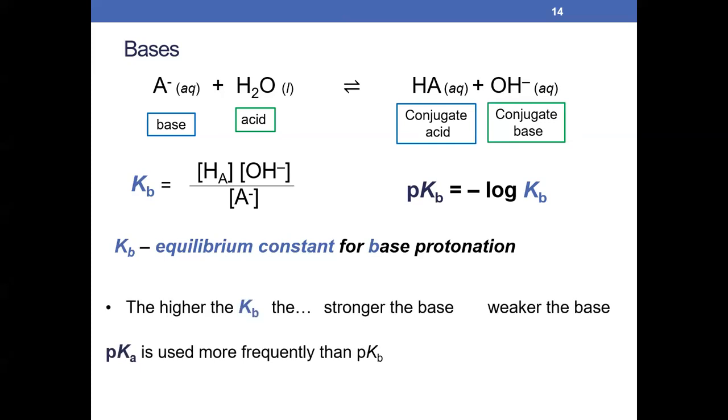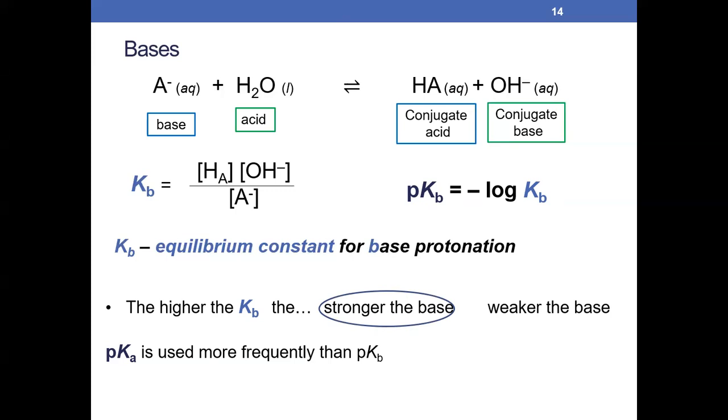So the higher the Kb, are we going to have a stronger base or a weaker base? Anyone want to tell me? Yeah, so we're going to have a stronger base, right? We're creating more hydroxide. As my numerical value for my equilibrium constant increases, my concentration of hydroxide, which is the way that we measure our base, increases, and that K value is also going to increase.